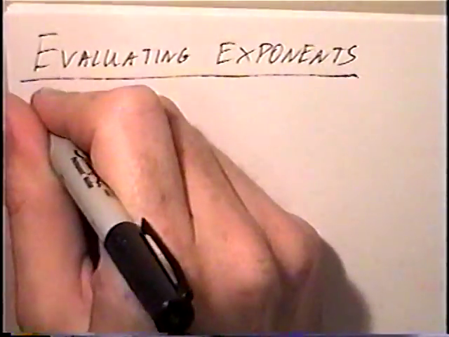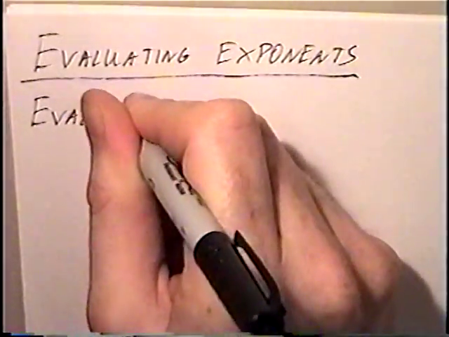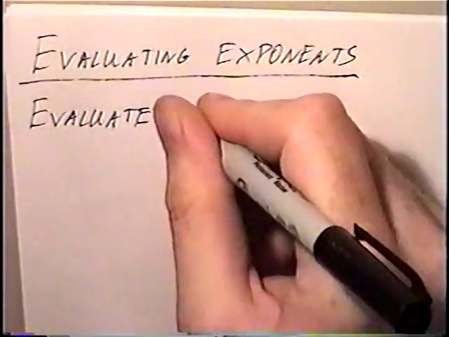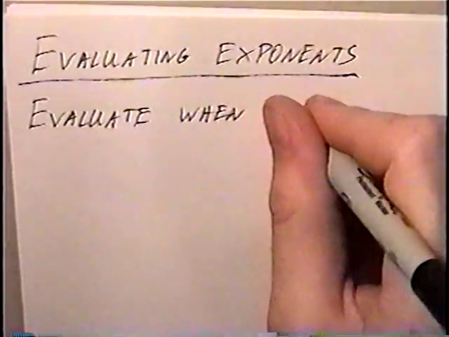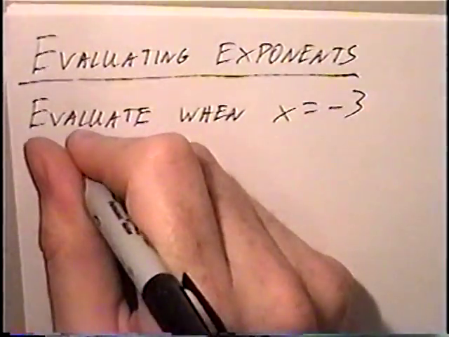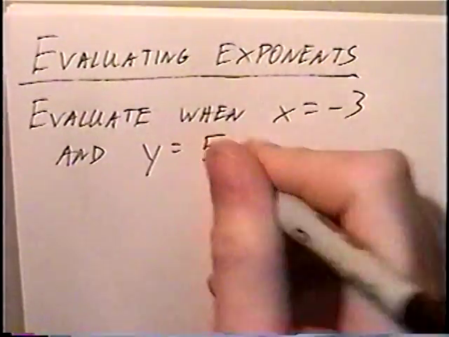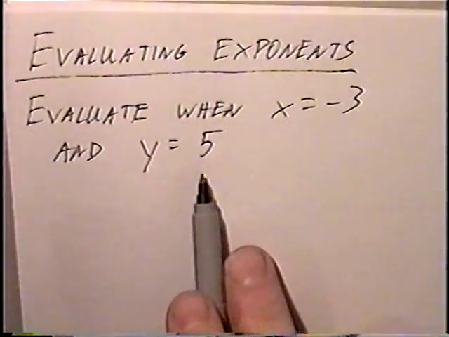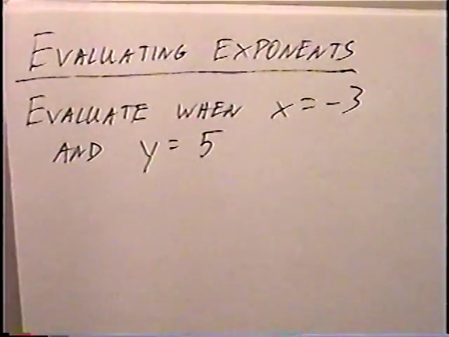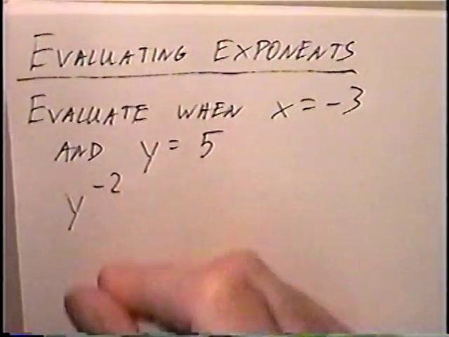The directions: evaluate when x equals negative 3 and y equals 5. So for the following problems, we'll be able to use the value x equals negative 3 and y equals 5. First question is y to the negative 2 power.